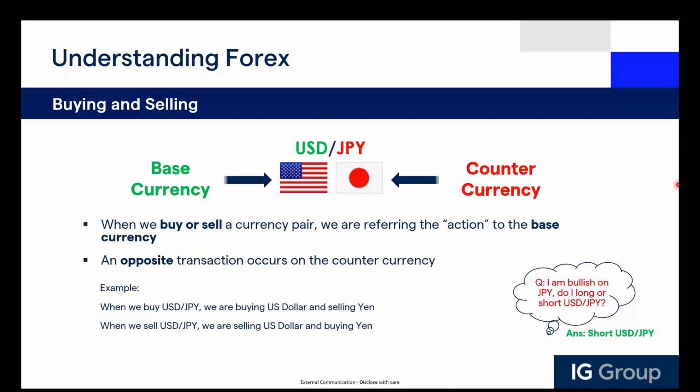You have to understand that when we are buying a certain currency, we are speculating and holding that currency and hoping that it will strengthen. So if you think that the yen will strengthen, you should be selling your US dollars now and buying yen. So if your view is that it will strengthen, you should be shorting this pair.